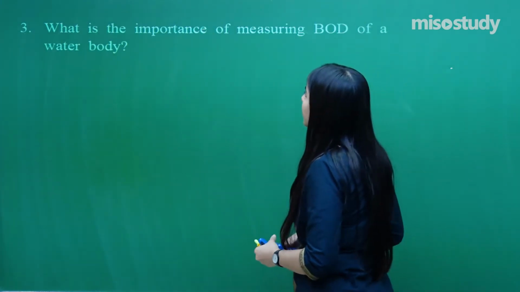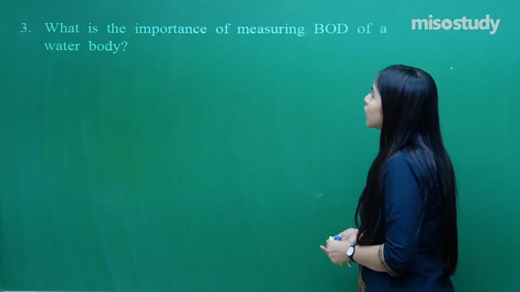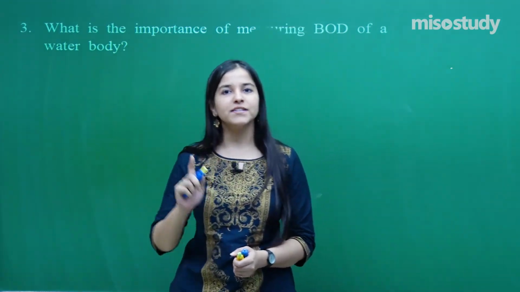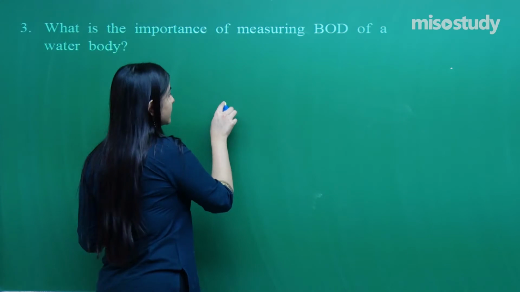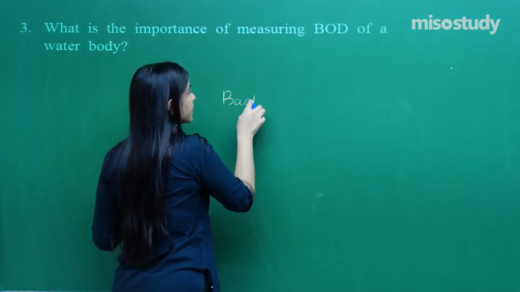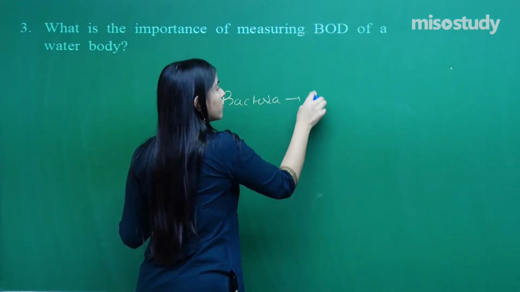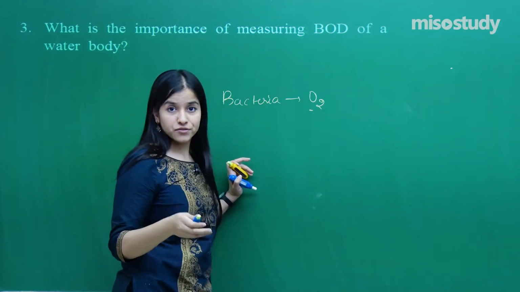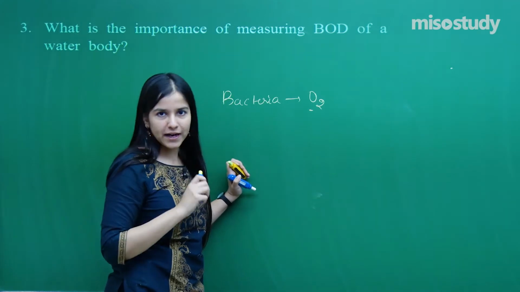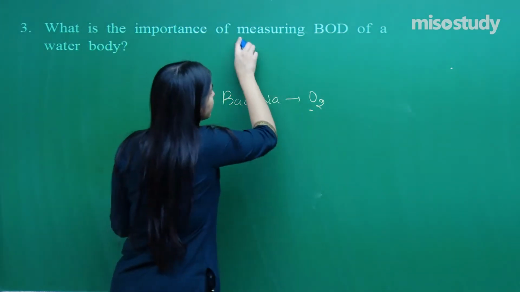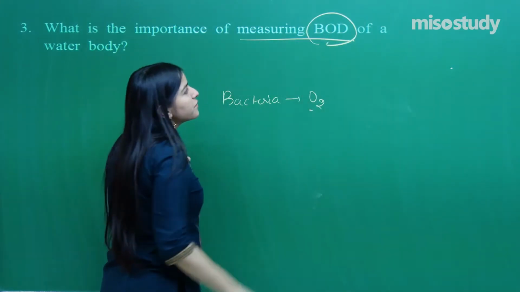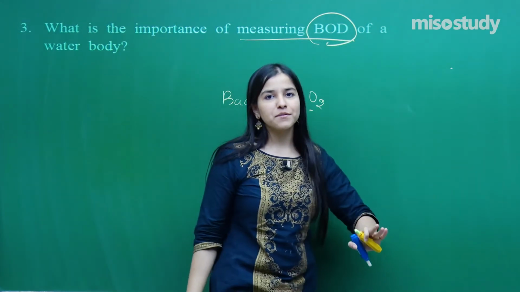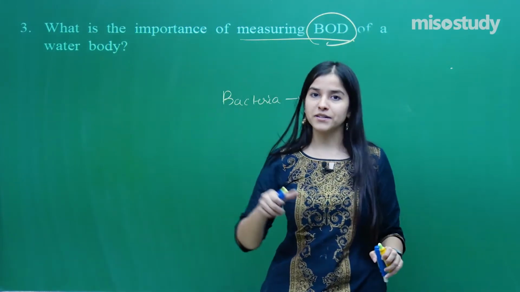Next question, what is the importance of measuring BOD of a water body? What is BOD? Biochemical oxygen demand. The bacteria consume oxygen for the degradation of organic matter, and that is what BOD measures: the amount of oxygen utilized by the bacteria.